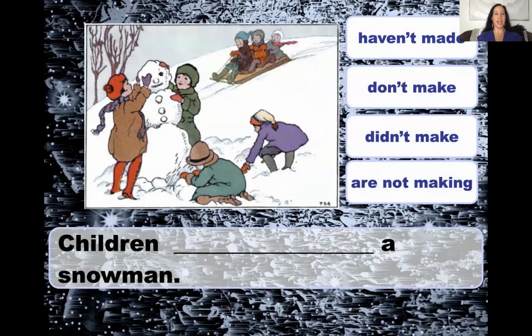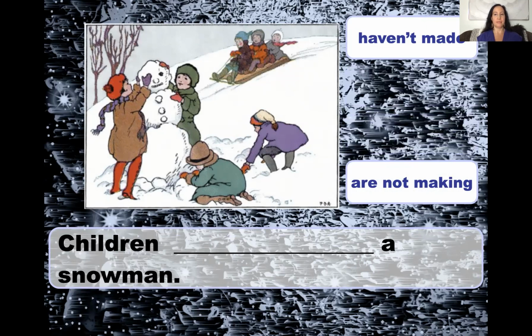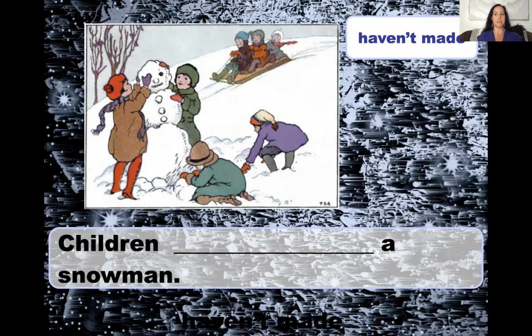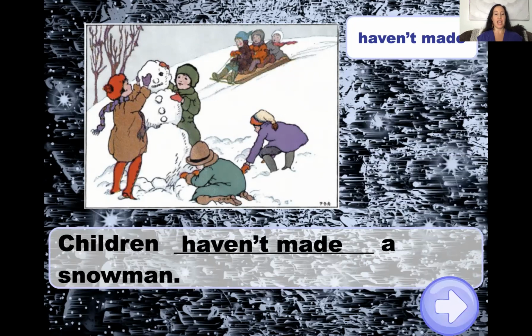Children blank a snowman. Now this is a little tricky. Just look at the children here. What are they doing? Children blank a snowman. What should the answer be? Children haven't made a snowman. Remember, have is happening now, but made is the past.